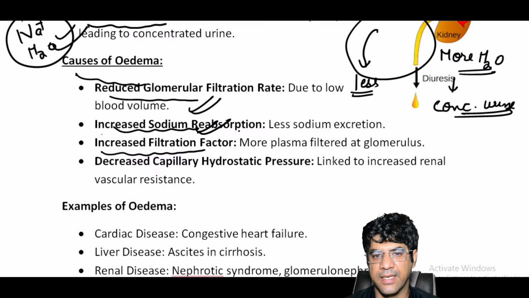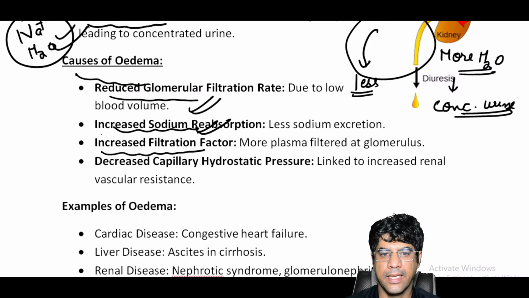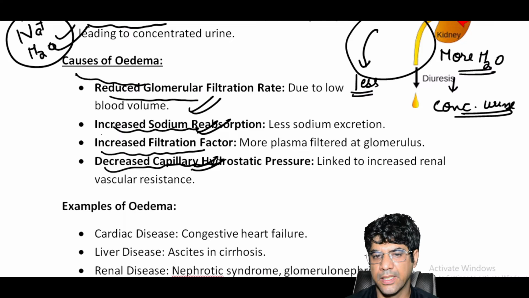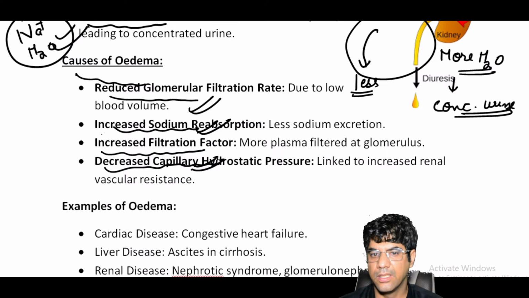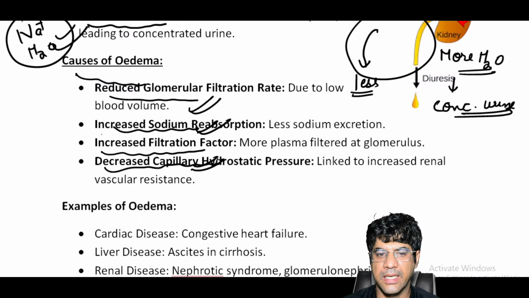Third is increased filtration factor. When more fluid is filtered out of the blood in the kidneys, that leads to fluid retention. Then decreased capillary pressure. When there is reduced capillary pressure, that means there is increased resistance in kidney blood vessels, which leads to more fluid being retained in the tissue.